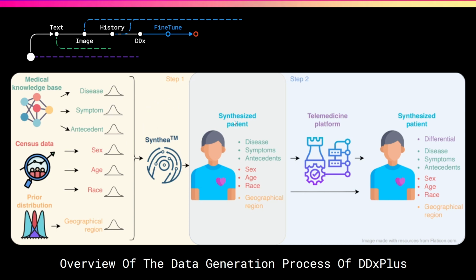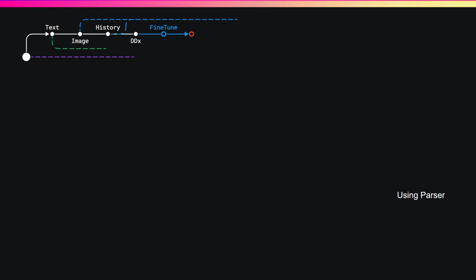These synthesized artificial patients contain the disease, symptoms, antecedents, race, age, and the geographical region also. They also prepared a telemedicine platform to give a differential diagnosis that was prepared using these particular distributions. So this was how they prepared the DDXPlus dataset.